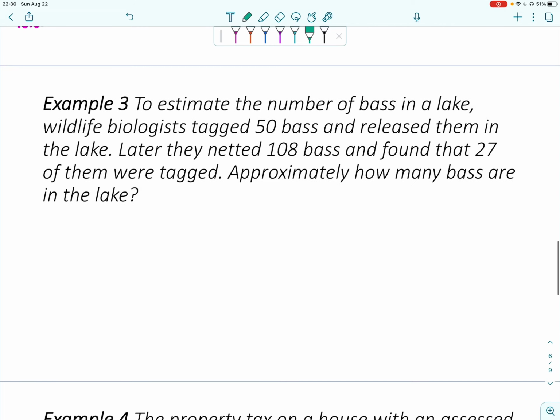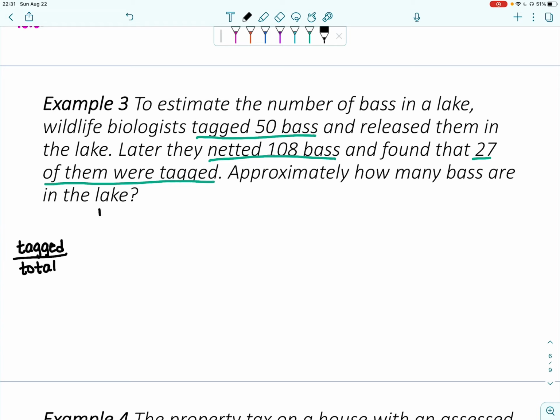So initially they tagged 50 bass, and then later they netted 108, and 27 of them were tagged. So again, I'm going to set up my two ratios to create my proportion. I just want to make sure that I am consistent. So I'm going to set this up as tagged over total. This is how I'm setting it up. Yours could be set up slightly different.